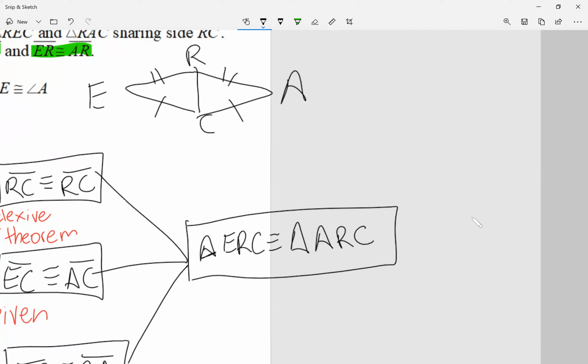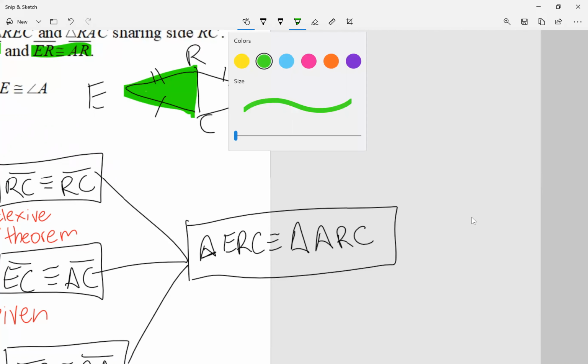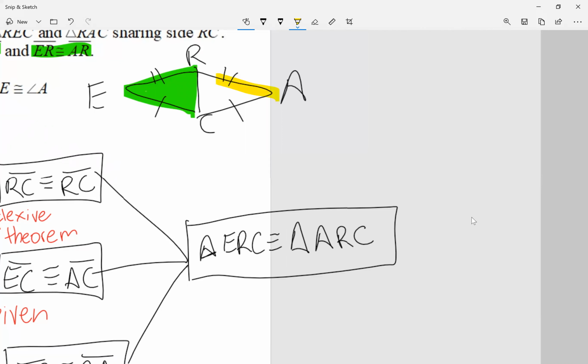Now let me take a look. The triangle ERC is this triangle. Triangle ARC is this triangle. Every time I say two triangles are congruent, I'm thinking of side, side, side, side, angle, side, all those things. I have RC equals RC, right?